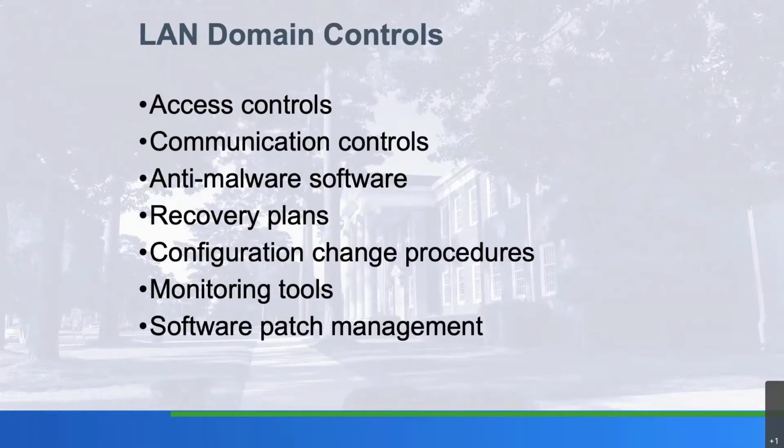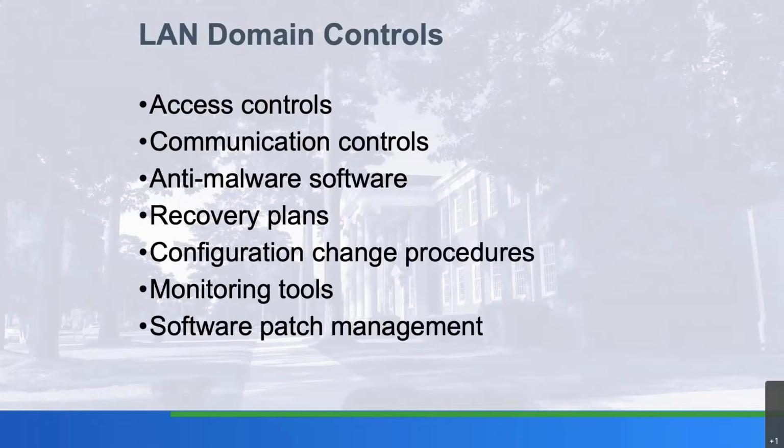We also need to have communication controls that we can use to, if we have a virus or something going on in the network, be able to shut off portions of the network, be able to control the flow of communication in and out of the network. An example would be a firewall.